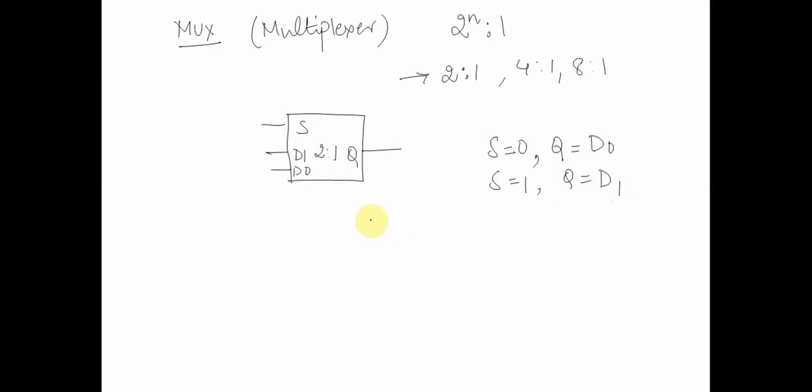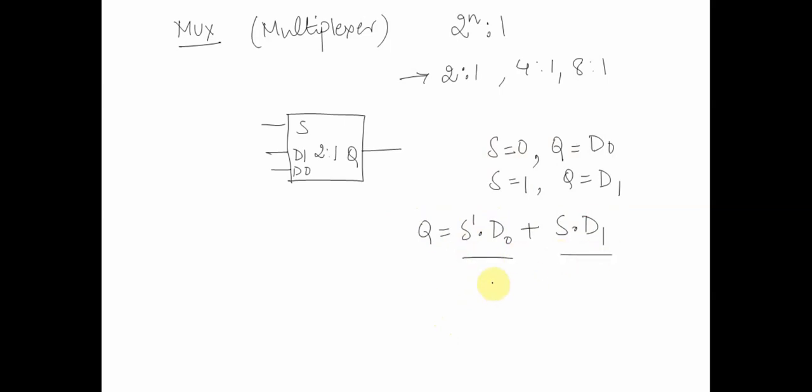Since we have already written too many equations, I don't think we need to write a truth table for this again. Directly looking at this relation, we can say output Q is equal to S bar into D0 plus S into D1. So depending upon the value of S, one of these inputs will be transferred to the output.